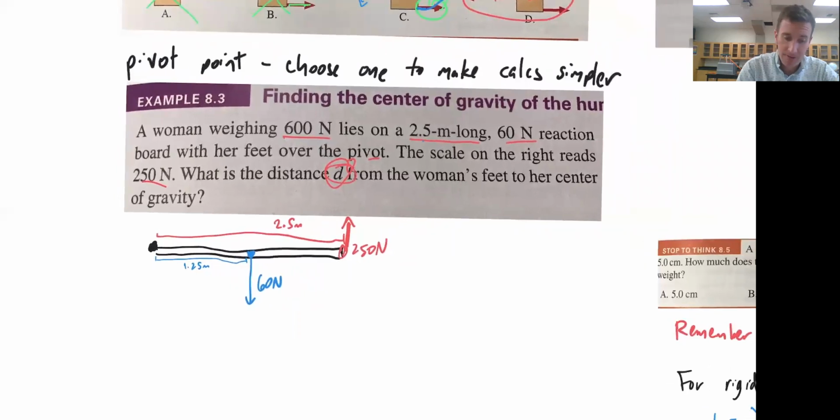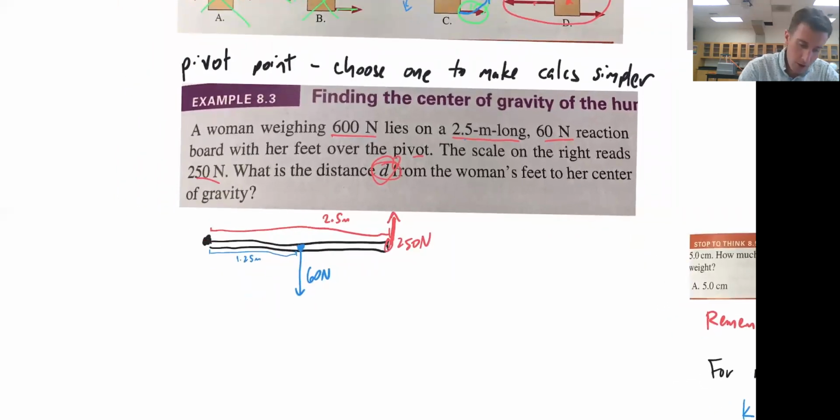So that's, and her feet are touching the board. So I know that she is somewhere in here, right? Pushing down. I know that she's pushing down at 600 newtons. Okay. And I need to know what's her distance for the center of gravity.